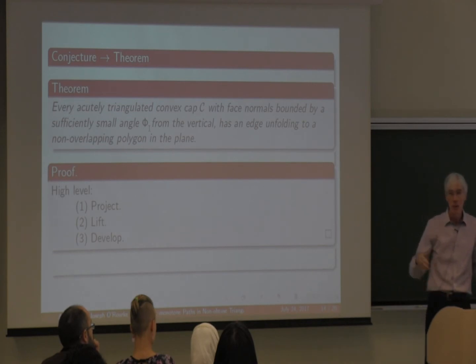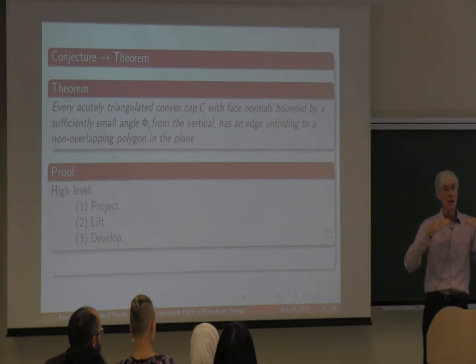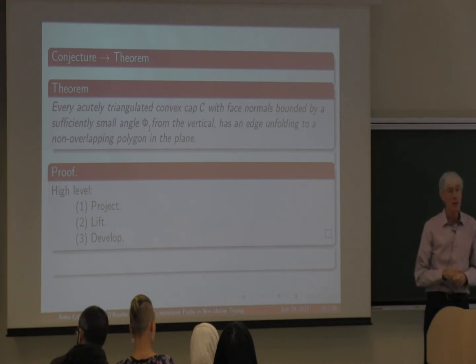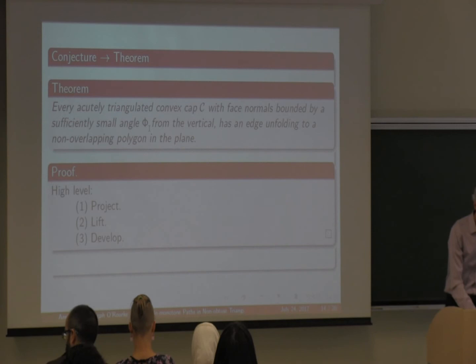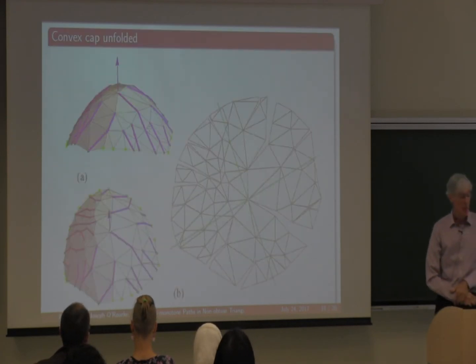Apply the boundary rooted forest algorithm, find that, lift it back up onto the surface. That's what I was showing you. And then the hard part is to prove that this opens up and there's no overlap, and so you get a simple polygon in the plane. And so that's the result of this picture.